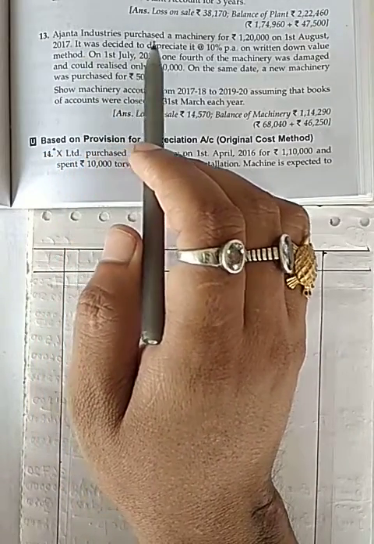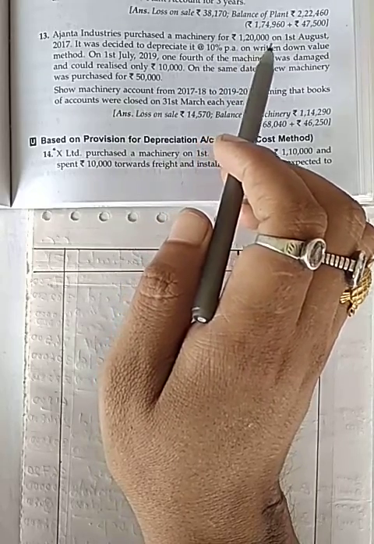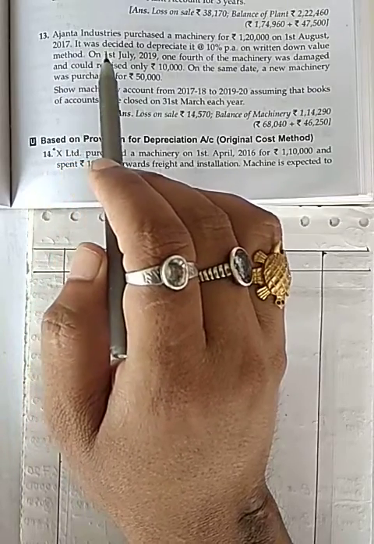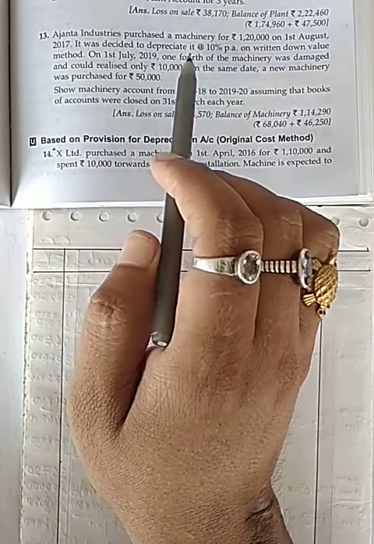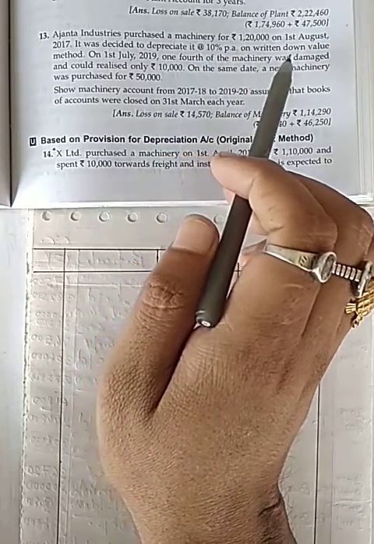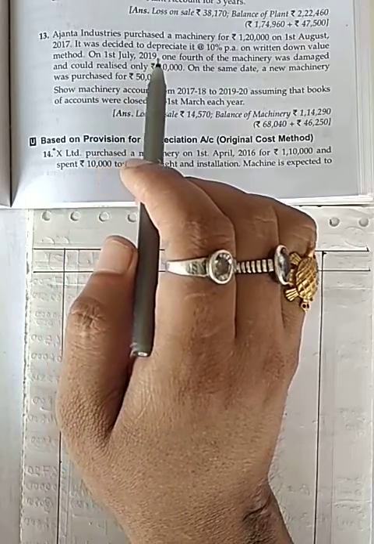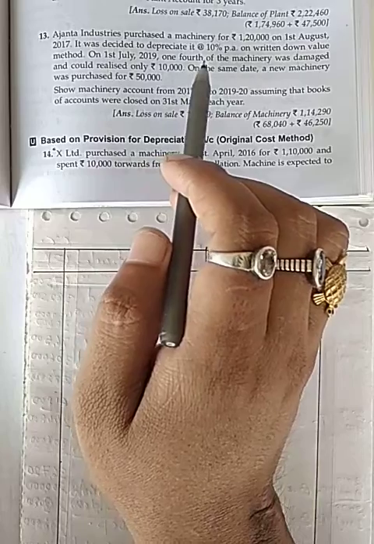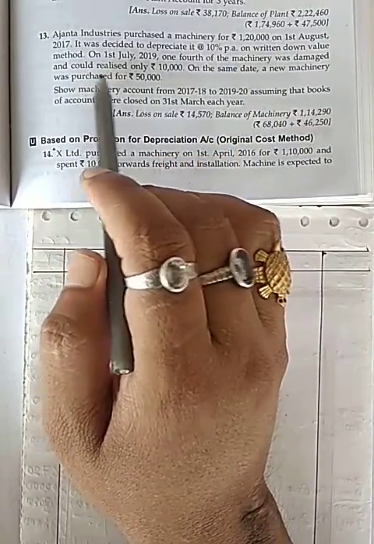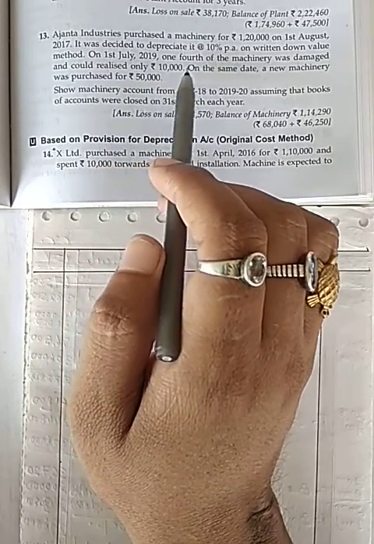Ajanta Industries purchased a machinery for rupees 1,20,000 on 1st August 2017. It was decided to depreciate it at the rate of 10% per annum on reducing balance method. On 1st July 2019, 1/4 of the machinery was damaged and could realize only rupees 10,000.